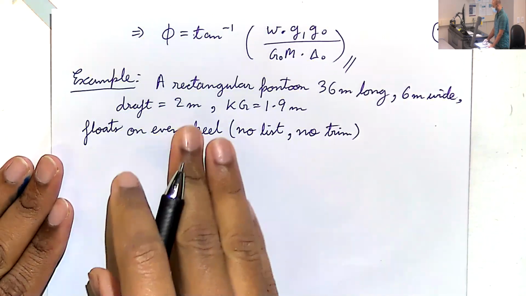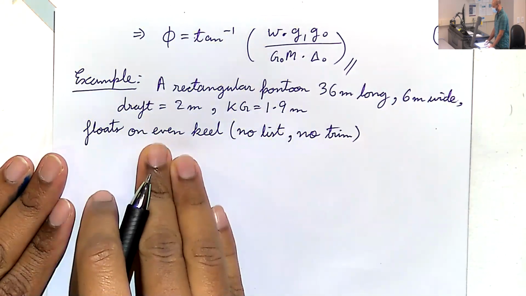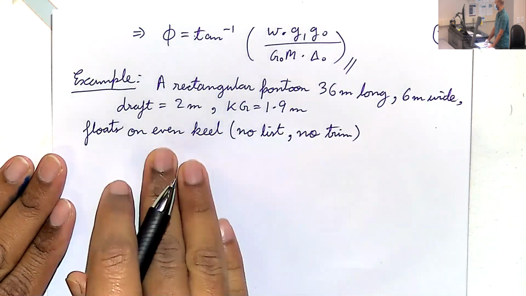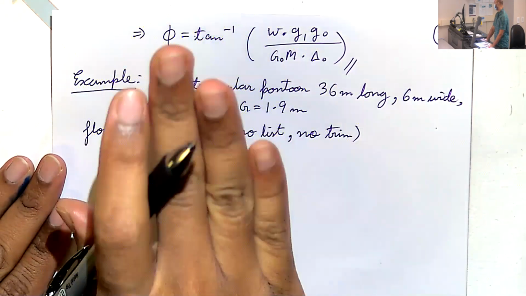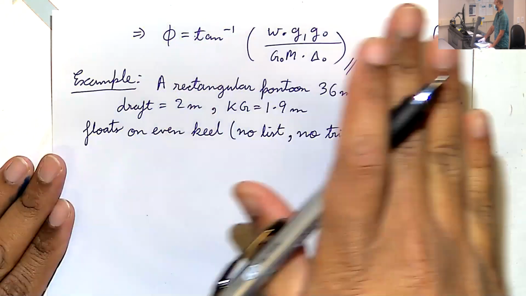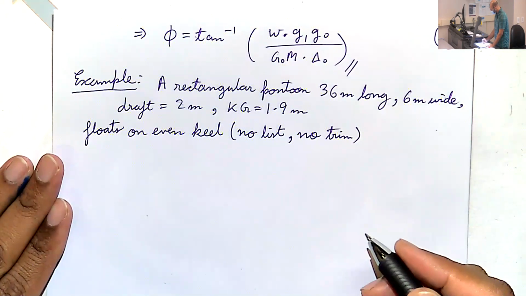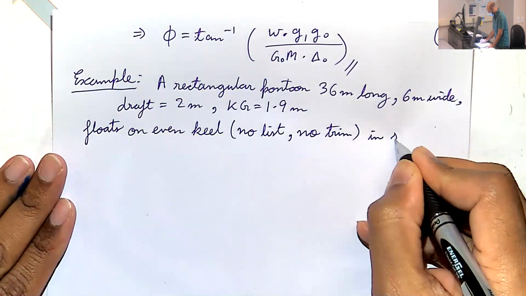Okay, so we're given a rectangular pontoon that's floating on even keel. When you see the term even keel, that just means there's no list angle and no trim angle either, so perfectly level.